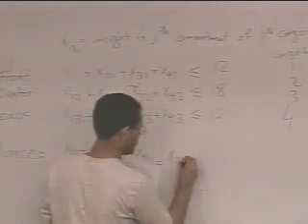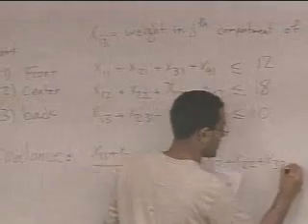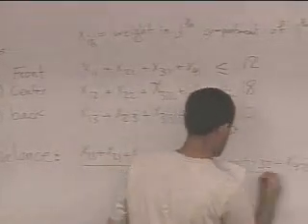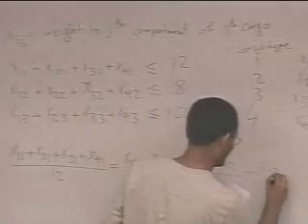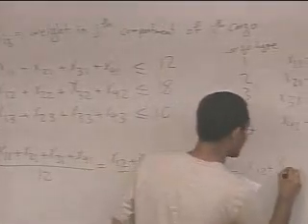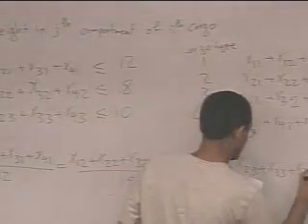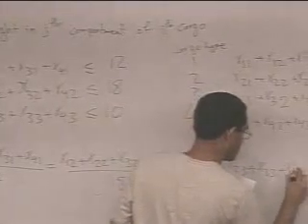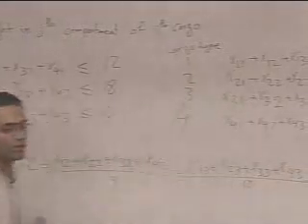Exactly, you're right. Then 18. Well, I cannot write as fast as you talk, so give me a second. x13 plus x23 plus x33 plus x43 divided by 10.